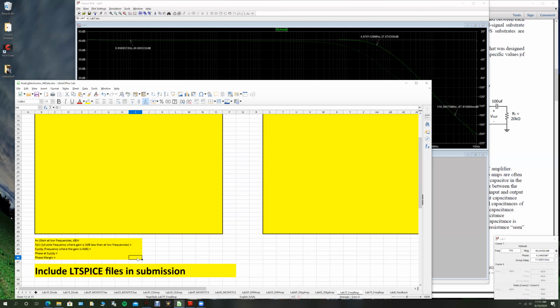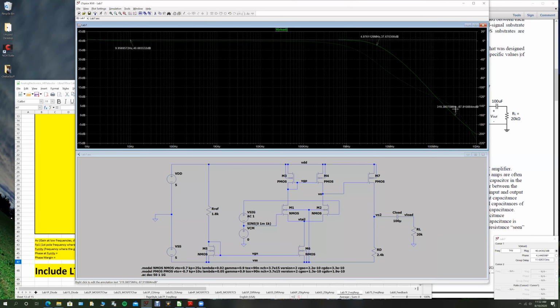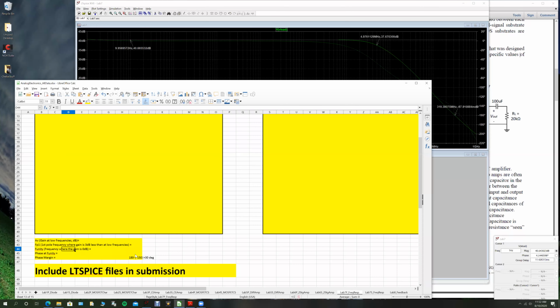So in this case, it would be 180 minus the magnitude of minus 150, which equals 30 degrees. That's about it. 150 gives us 30 degrees of margin.